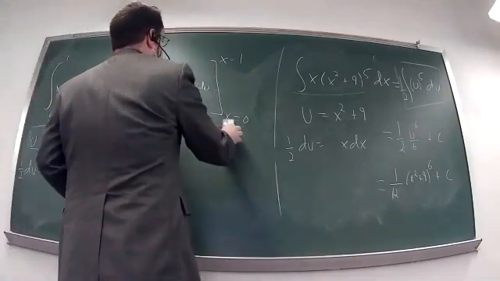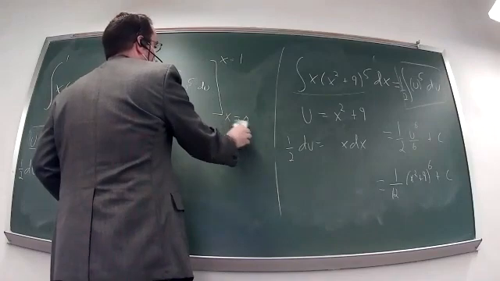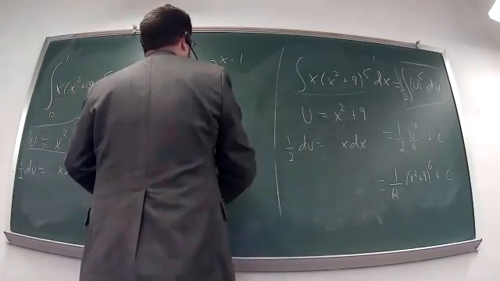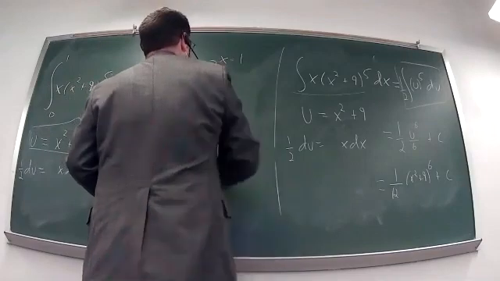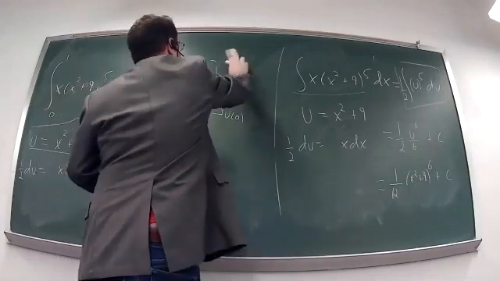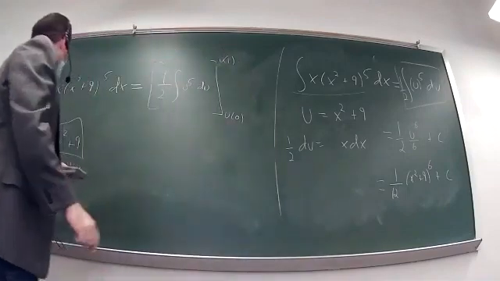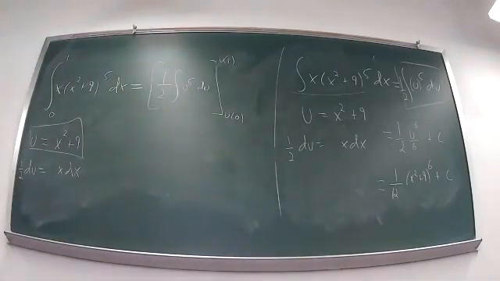Basically what I'm saying is if I want to convert these x values into u values, that's going to be u of 0, and then x equal to 1 would be u of 1.